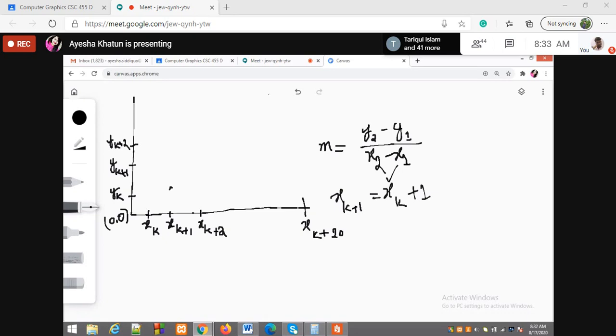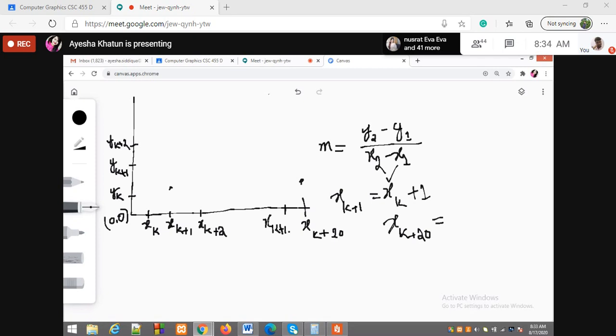Okay, so k plus 20, and you have 1 pixel at this point. You need to know the value at this position. So how can you find that? You can find xk plus 20 as equal to the previous value, that is xk plus 19.